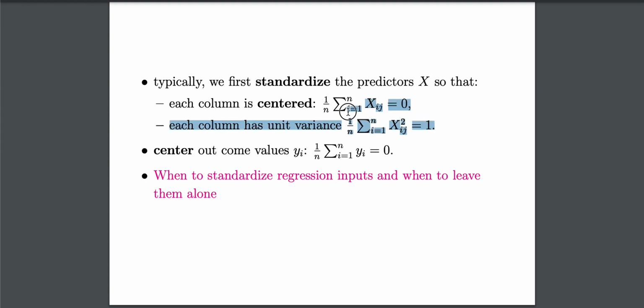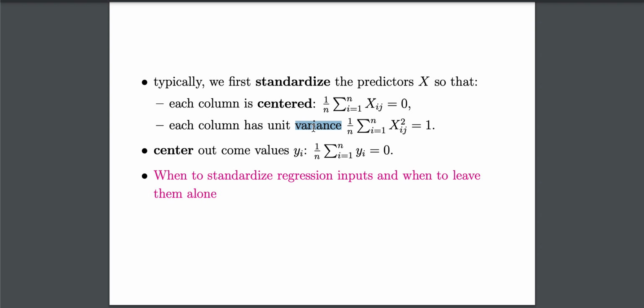So by doing these two things, by centering and scaling them, we are essentially saying that all the values in our X matrix are around 0, between -2 and +2, or -3 and +3. So all the numbers there are more or less in that range by rescaling and centering them.